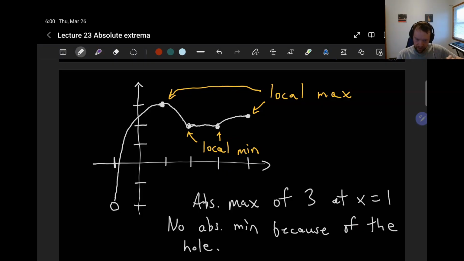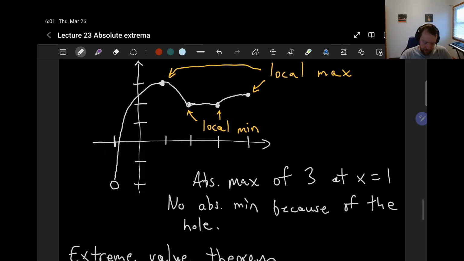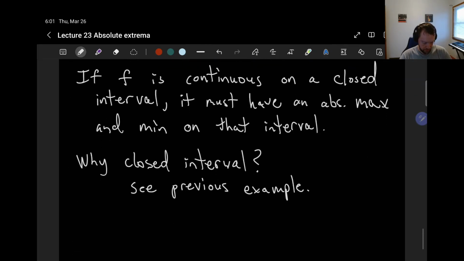So that would be an open interval on this side at least. And because of that, I had this situation where I did not have an absolute minimum because I just removed it. So that's one of the reasons why we need a closed interval. You can have that sort of thing happen. Now, why do we say that it must be continuous?